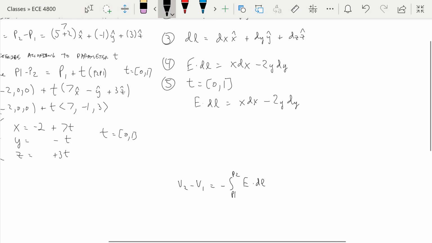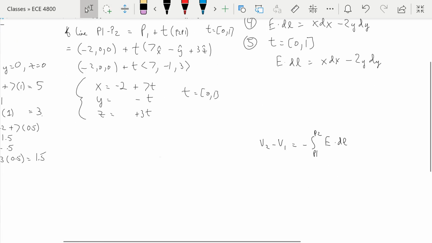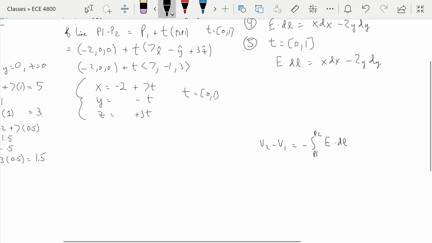Let's go back to our equations for t and figure out what x, dx, y, and dy are. We have x equal to negative 2 plus 7t. If we take the derivative of this equation, dx is going to be equal to 7 dt.